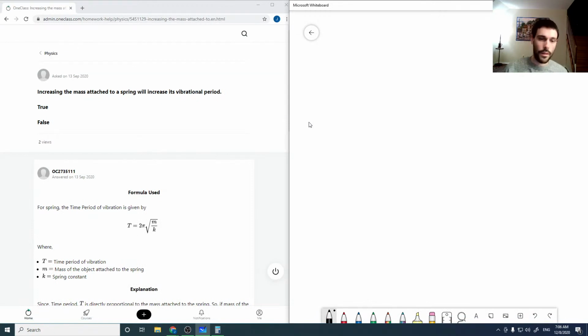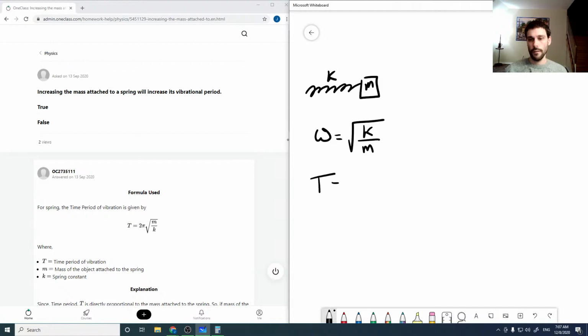Okay, so this is a spring question. This is a fairly simple one, but warrants some explanation. If we have a mass on a spring, then its frequency is given by the square root of k over m, and its period is then given by 2 pi over omega.